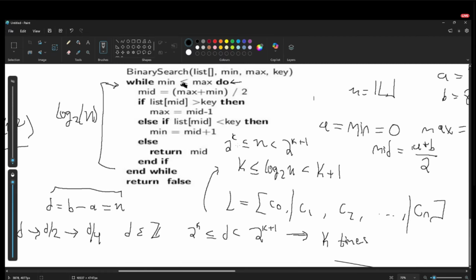So if we were to just find the constant k, or at least a bound on it, then we can find exactly a bound on this algorithm. And because we know that if we take the log base 2 of both sides, then we can get the exponent k, that means that this whole algorithm runs a maximum of log base 2 of n times.